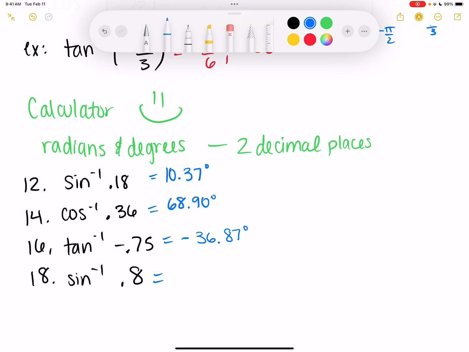So one of the rules of this calculator is you have to use this negative button instead of the minus button for the negative numbers. So it's a syntax error. Wait, let me do the last one. 53.13.